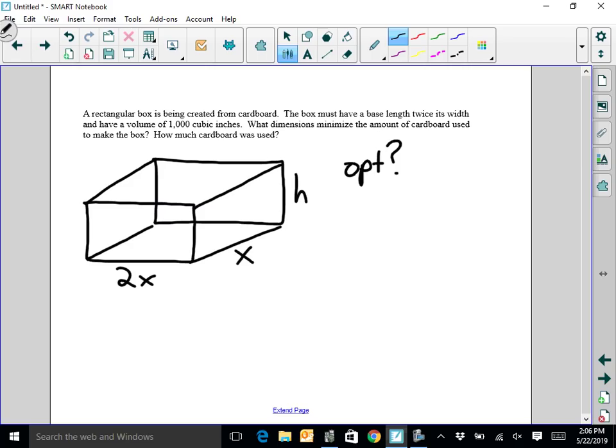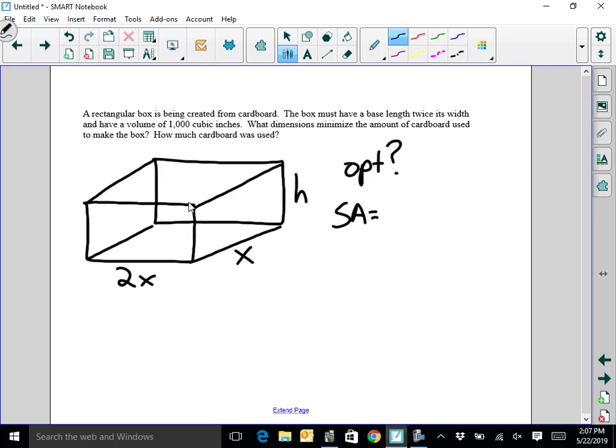And what I want to do now is write an equation for the surface area of this box. Well, the surface area is just all 6 rectangles. Something to understand here is that in a box, there's 6 total rectangles, and every rectangle has a congruent rectangle on the other side, assuming it has all 6 sides. So I'm going to look at the base of this box first.